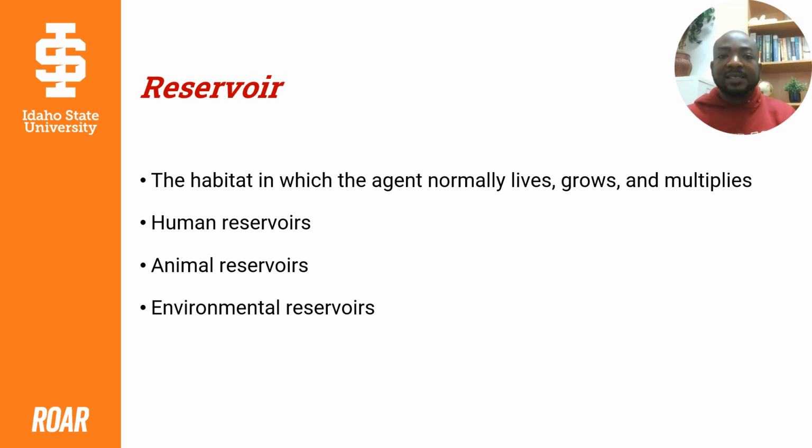Long recognized zoonotic diseases include brucellosis, which is gotten from cows and pigs, anthrax from sheep, plague from rodents, trichinellosis from swine, tularemia from rabbits, rabies from bats, raccoons, dogs, and other mammals, and so on.